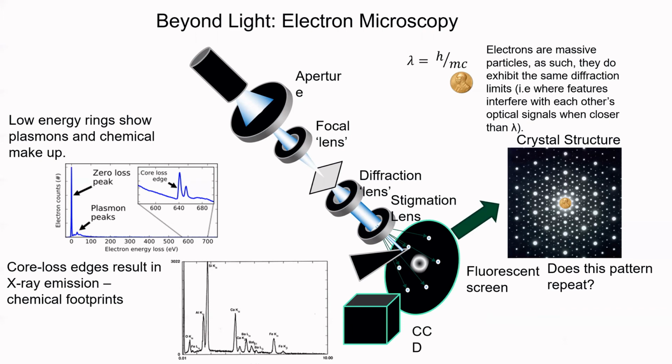But these days typically you use some sort of CCD system and get huge amounts of data off that way. Because electrons are massive particles, as in they have mass, their wavelengths, which you can get through de Broglie, are very, very short.